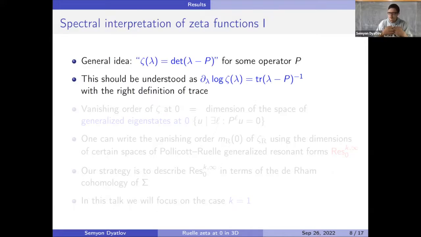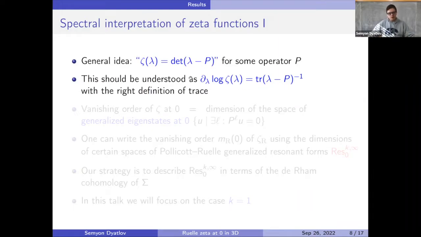And I'll define what the operator is, but it's a pretty big operator in the sense that if you try to define this determinant literally by some kind of infinite product, it is not going to converge ever. Of course, this doesn't even make sense for 0, right? If you take the determinant of lambda times the identity in an infinite dimensional space, it just doesn't make sense.